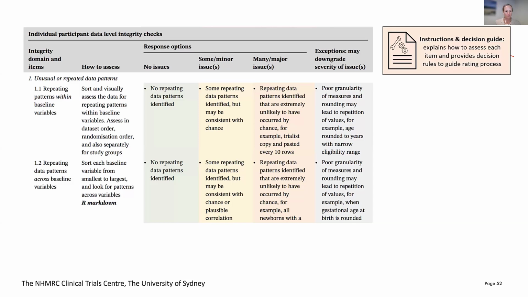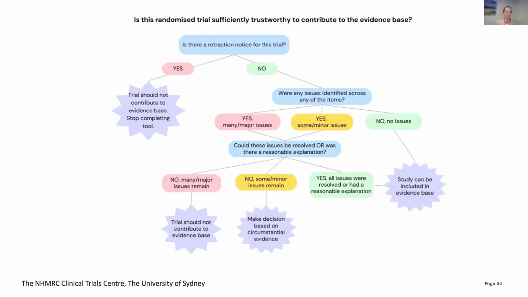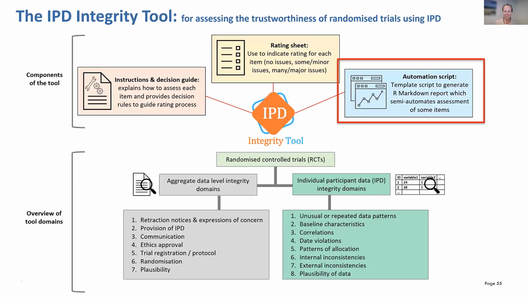And then lastly, you need to make a decision of, do I trust this evidence enough that I want it to contribute to my meta-analysis? There is a decision tree, which we'll come back to a bit later, on how to deal with that. So I hand back to Lene now.